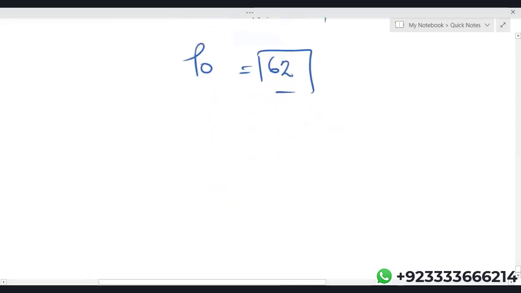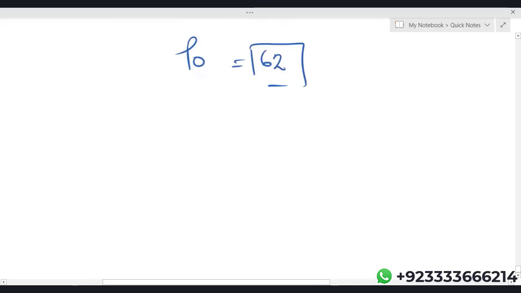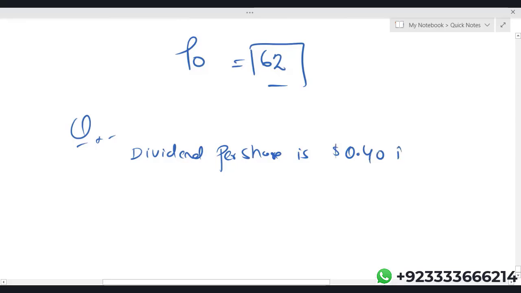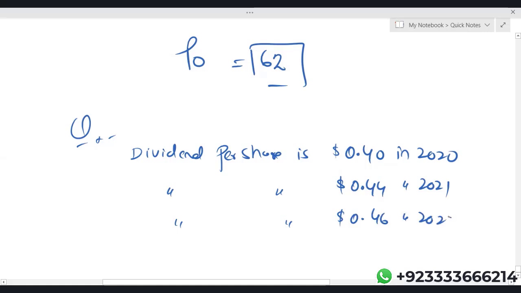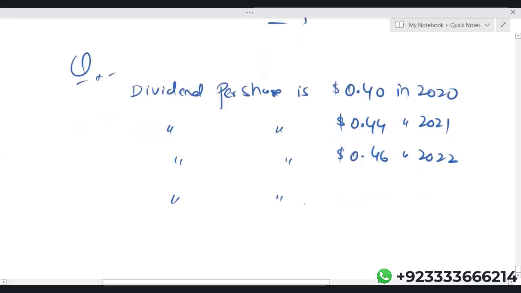One more variety. If examiner gives you the information like, let's say dividend per share is $0.40 in 2020, $0.44 in 2021, 0.46 in 2022, and so on up to 2023.